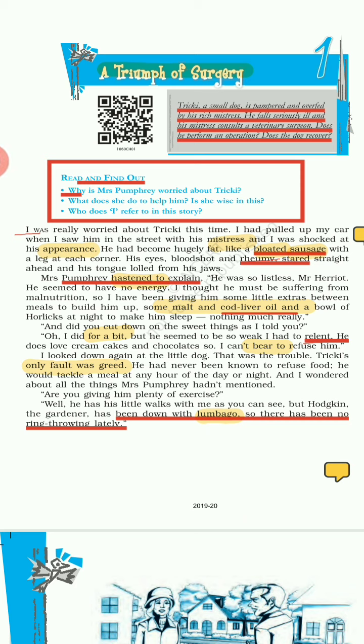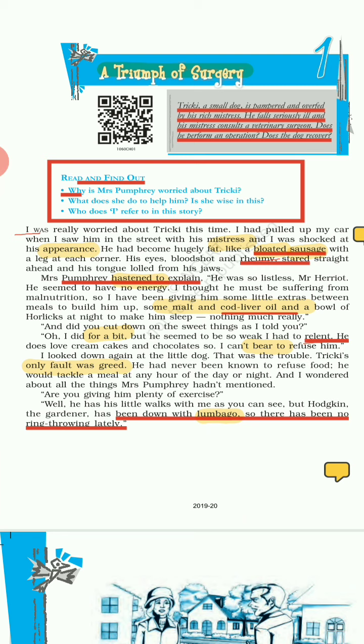Now, before starting the reading of the chapter, let us discuss the summary of the chapter. This story, A Triumph of Surgery, revolves around an ill dog named Tricky and his mistress, Mrs. Pumphrey. Mrs. Pumphrey loved her pet dog so much that she nearly killed him by overfeeding.